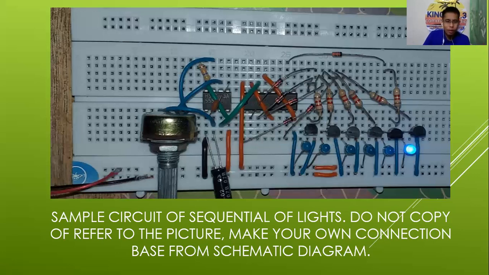And then kapag nilesen mo, dapat pagpapunta sa left, hihina siya. So, pwede naman baliktarin na lang ulit yung connection ng dalawang pin. But that is not critical. What is important is you can control the sequence of light. Or pwede rin si pin 6 ay i-connect, i-short sa pin 2.